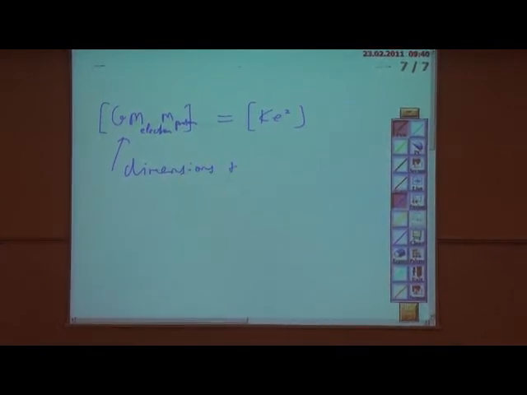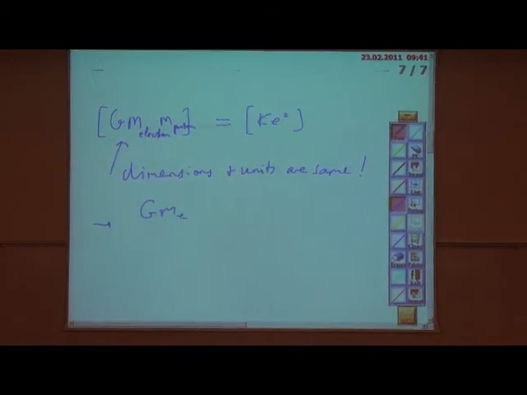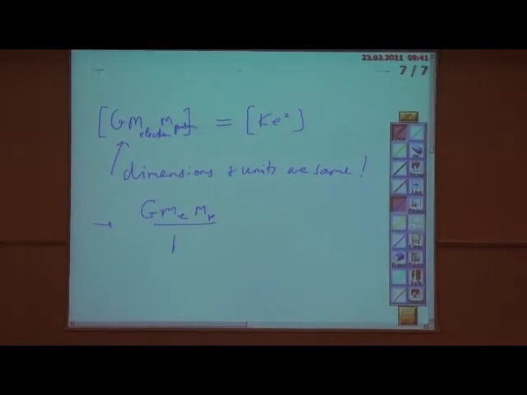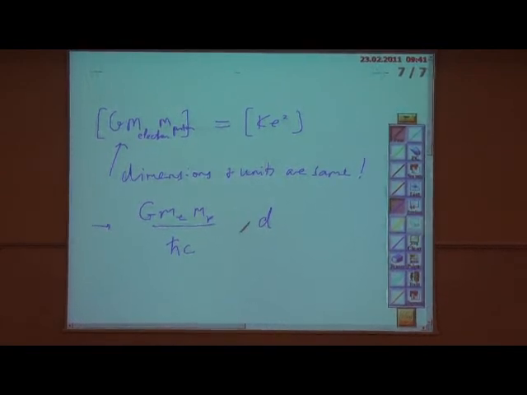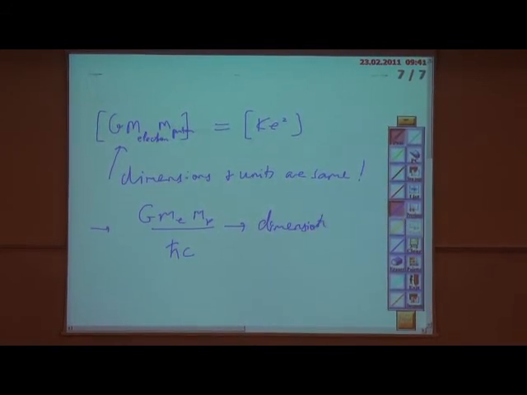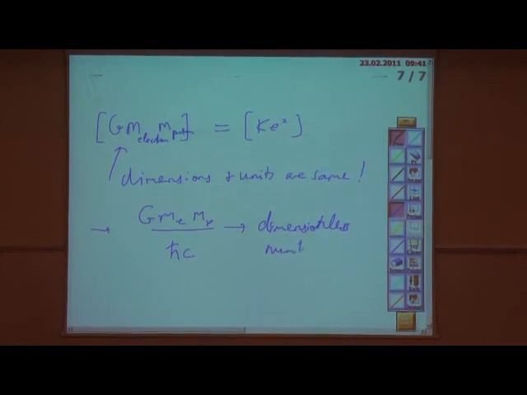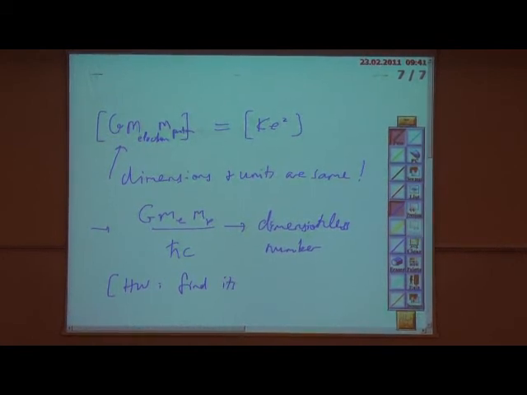Dimensions and units are same, not the numbers. Okay? So G, M electron, M proton over h bar c will give you a dimensionless number. Homework, find its value.